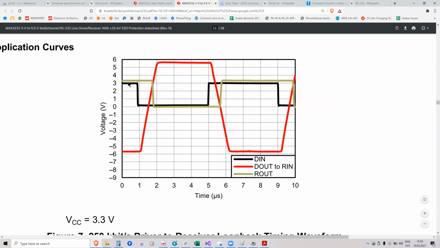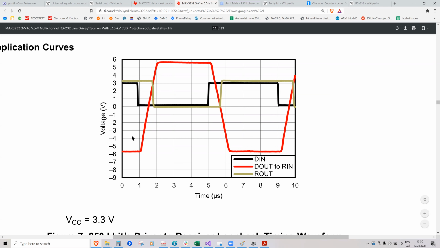As you can see here, when the line is idle on the microcontroller side, the output is -5.7 volts. Then you set it low, and the output changes to +5.7 volts.